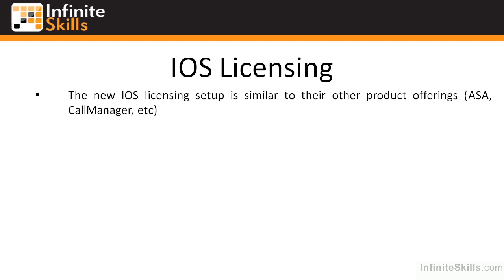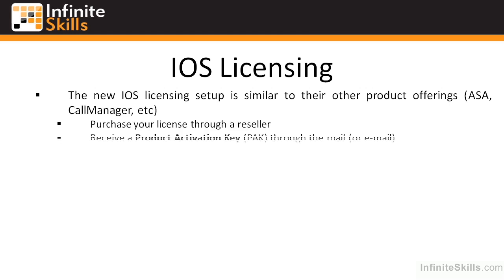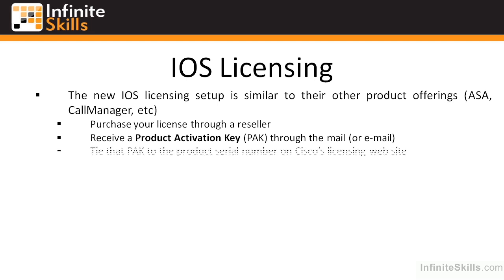Now, this new licensing setup is very similar to all of Cisco's other product offerings. Their ASA and Call Manager specifically are two items that come to mind that I have to deal with on a regular basis. Basically, you purchase your license through a reseller. You receive a pack or a product activation key in your mail or via email. You then take that pack onto Cisco's licensing website and tie it to a product serial number.